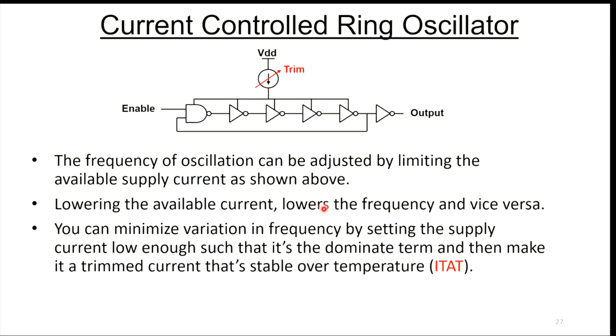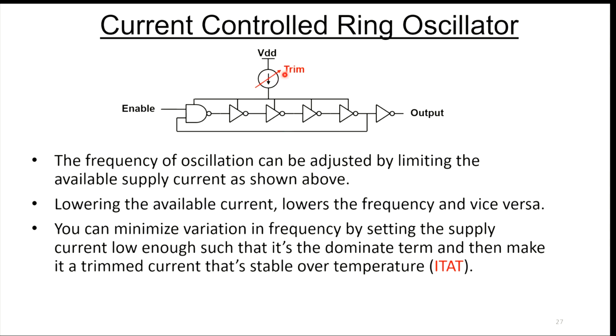So the frequency of the oscillation can be adjusted by limiting the available current as shown here. Normally, all these gates, the NAND gate and the inverters, go right to the positive supply. But instead, if you insert a current source here, and then we can trim that current source, that limits how much current each of these gates can pull or use to drive their output node.